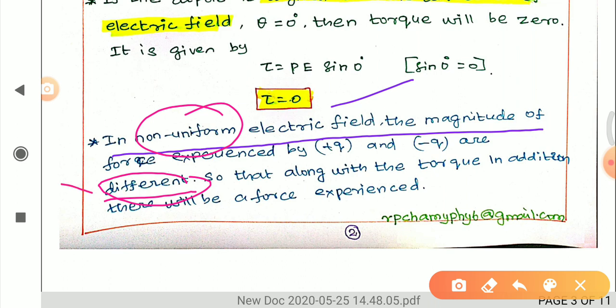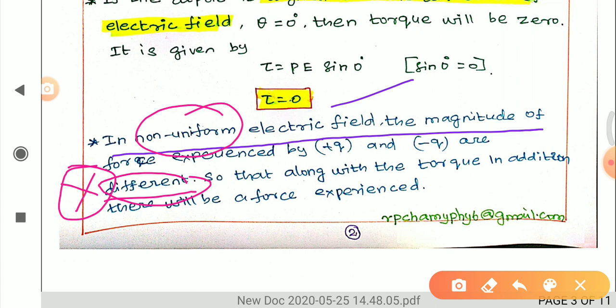This is very important because we have already discussed that in the uniform electric field, since both point charges experience the same magnitude of force acting in different directions, they constitute a couple, or the torque. But in a non-uniform electric field, there is no assurance that the force experienced by both charges is the same.